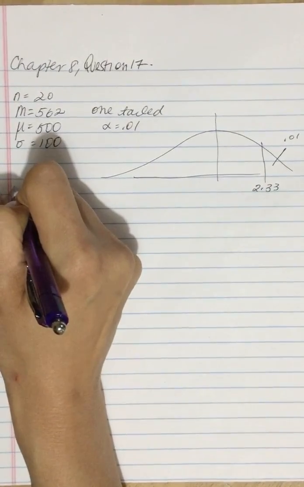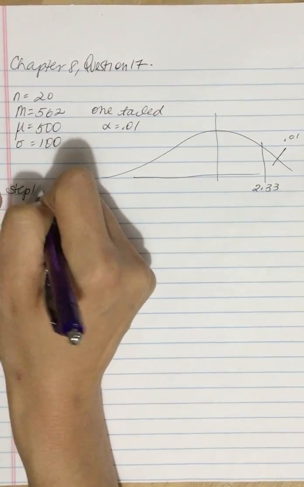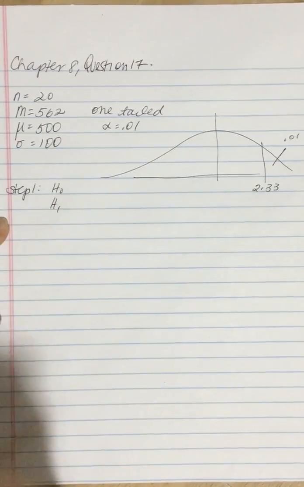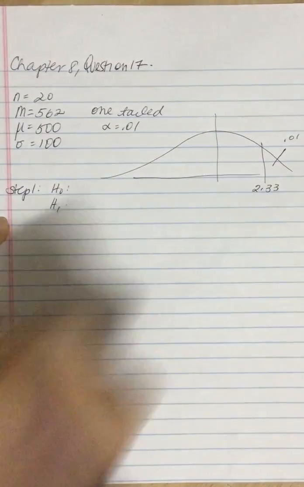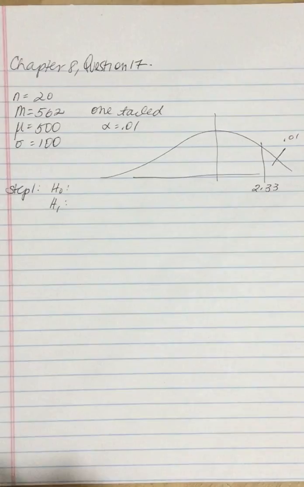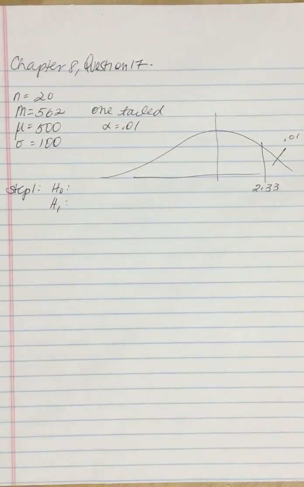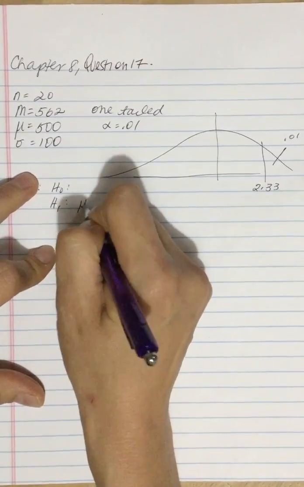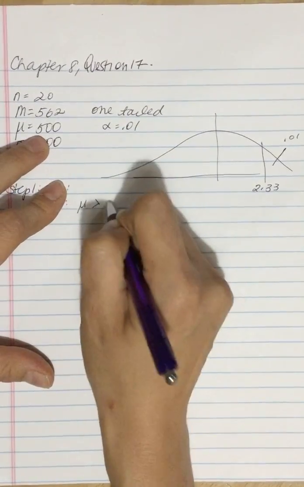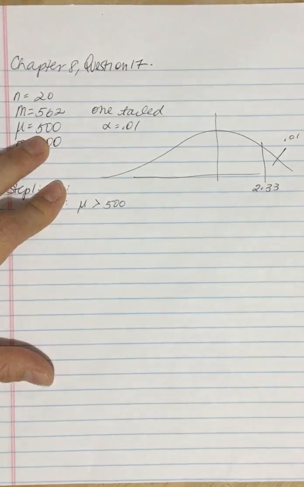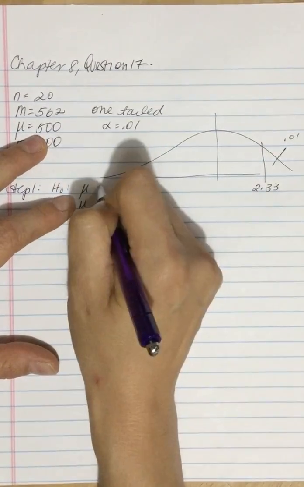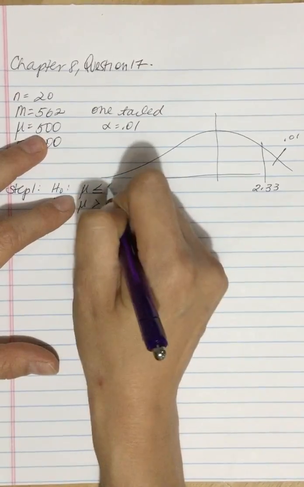To back up a moment, step 1, we've got to get our null and our alternate. With directional tests, I find it a bit easier to come up with the alternate hypothesis and then the null hypothesis. So the alternate hypothesis is that the mean is greater than 500, which means that our null has to be less than or equal to 500.